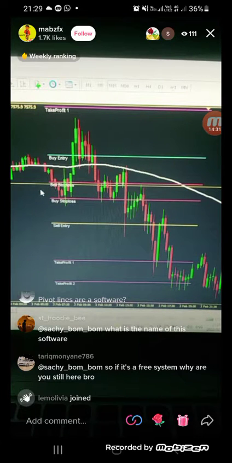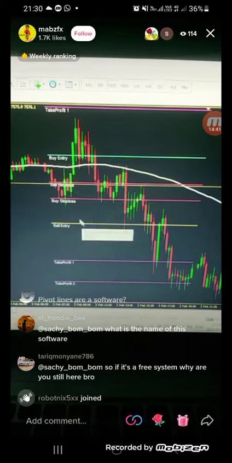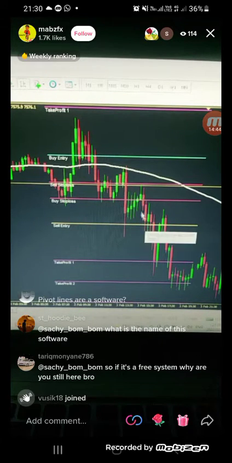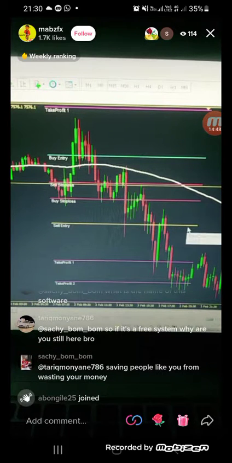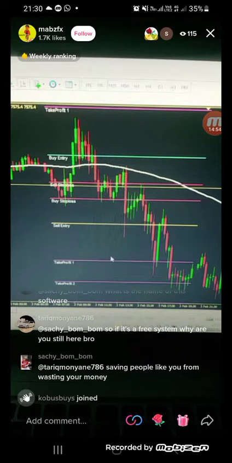So these are the rules for a sell trade. The price must be underneath this white line, the 100 period simple moving average, and then the price must come down and trigger where it says sell entry. It must reach this sell entry price, and once it reaches that area, that's where we actually get in for the sell. Then we use the stop losses and take profit levels that are given.